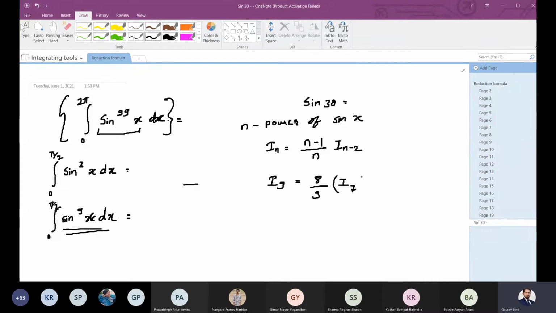But I7 I can further reduce as 7 minus 1, which is 6 by 7 I5.